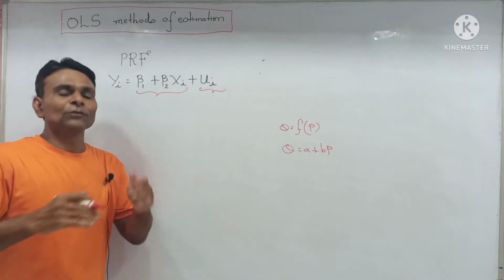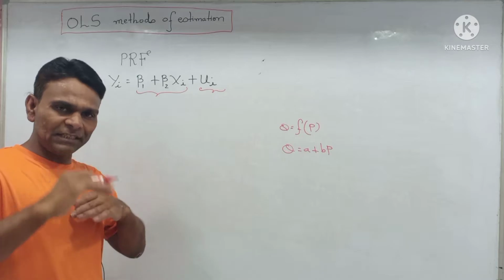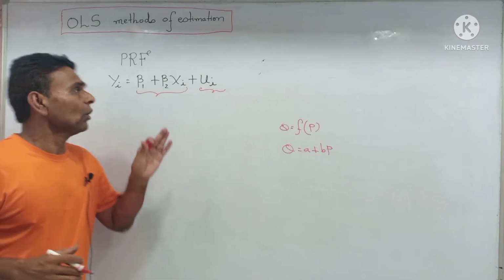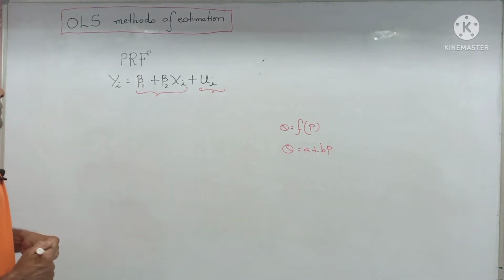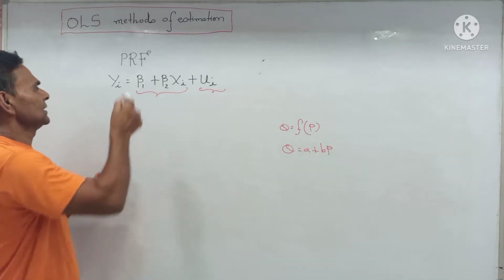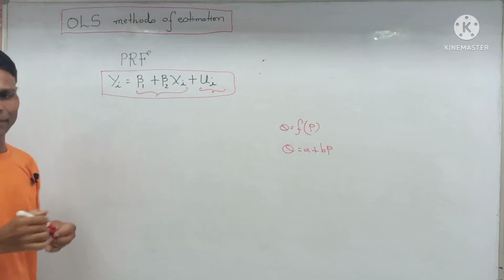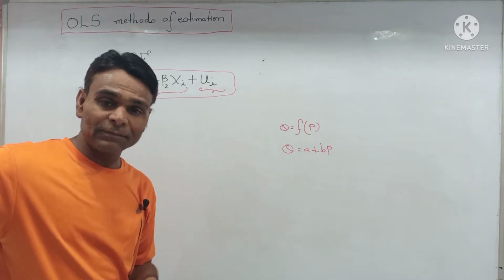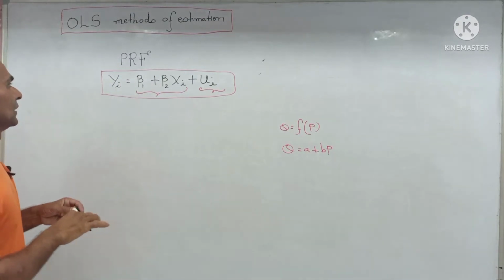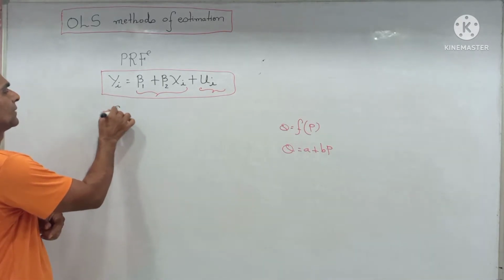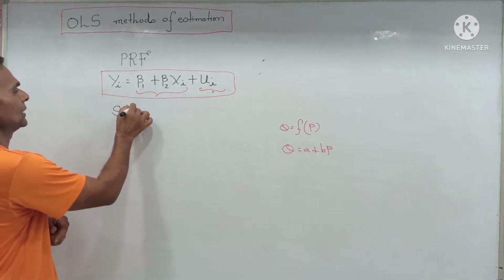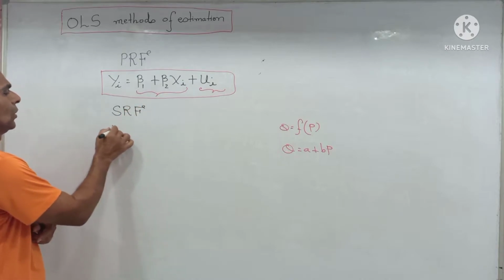We try to minimize the error sum of squares in the OLS method. But you can see here, this is the population regression function. It is not observable. For that purpose we need to take the sample regression function.